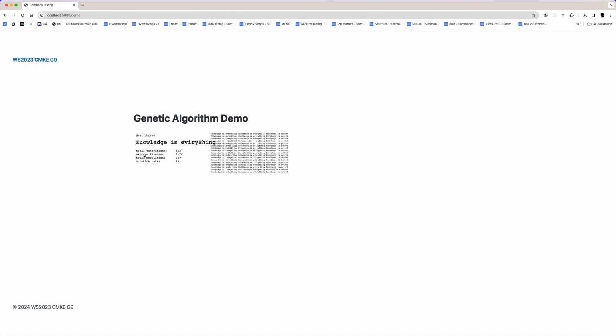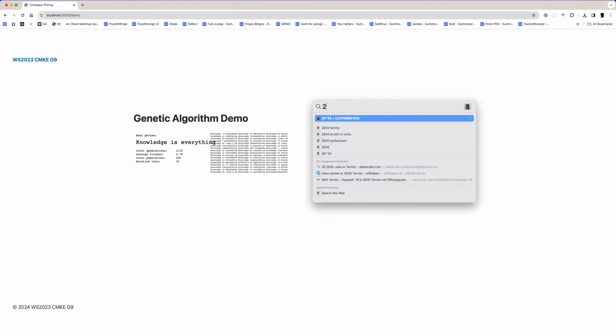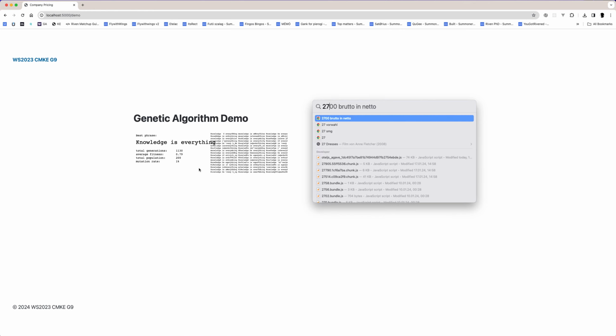So currently the genetic algorithm searches for the specific string here and tries to guess what string could be meant here. As we can already see, this means knowledge is everything. If we compare this to a brute force algorithm, we would have 27 types of character plus the space bar.